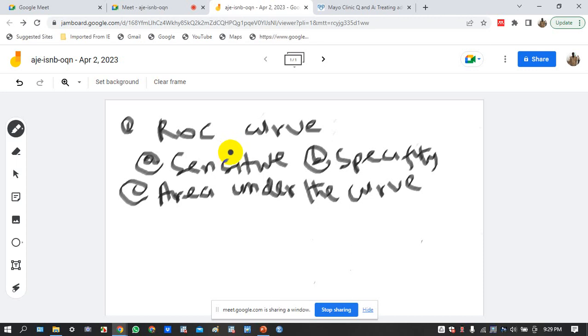That is the sensitivity. Specificity will mean that if you have high cholesterol level, there is no way you don't have diabetes. You will have. So we have sensitivity, specificity, and the area under the curve.